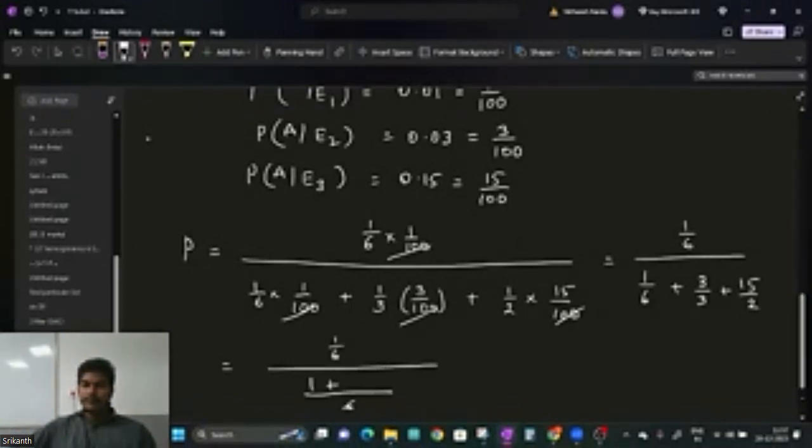This is 1 plus, 2 3s are 6, plus 3 15s are 45. So now 6 6 got cancelled. So 1 out of 45 plus 6 is how much? 51, 52. So 1 by 52 is the answer of this question.